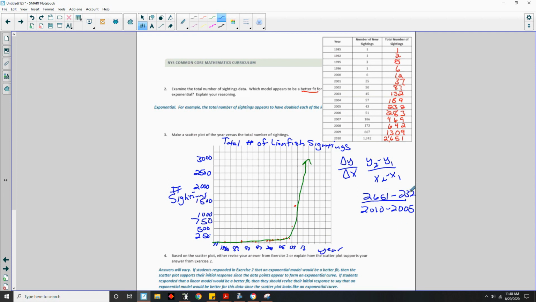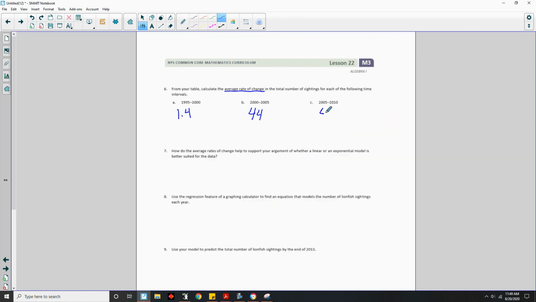So 2,651 minus 232 is 2,419, divided by 5. 5 goes into 24 4 times, that's 20 with a remainder of 4. 5 goes into 41 8 times with a remainder of 1. 5 goes into 19 3 times, which is 15 with a remainder of 4. And 5 goes into 4 0.8. So it's actually 483.8. That was our average rate of change between 2005 and 2010.